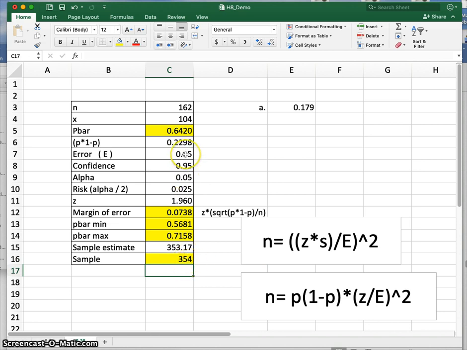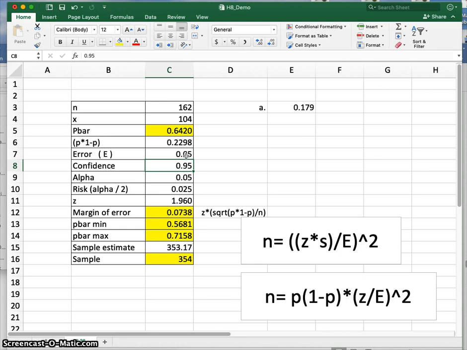Now, if I wanted a margin of error of only 0.01, for instance, I could change this, and you can see that I would need a much bigger sample. Okay, but 0.05 is what it asked for in the problem, and there we are.